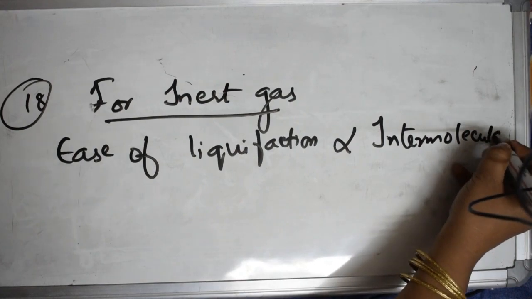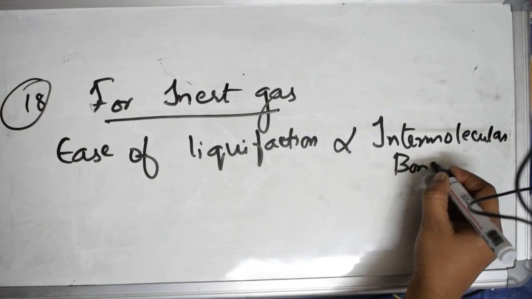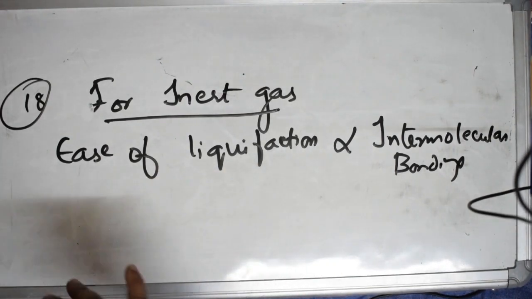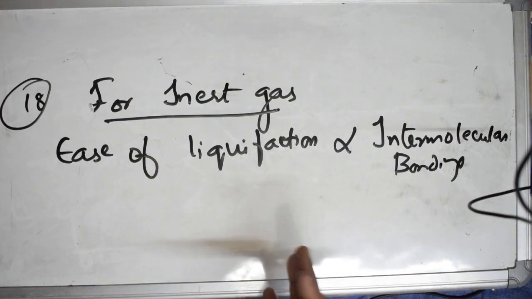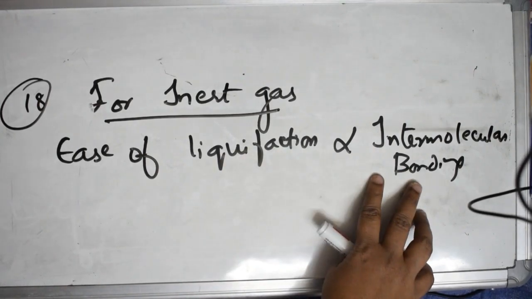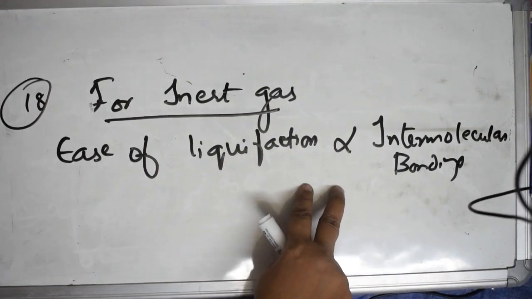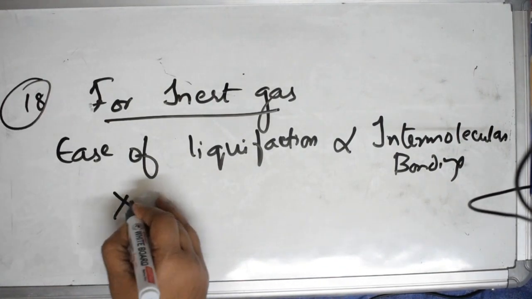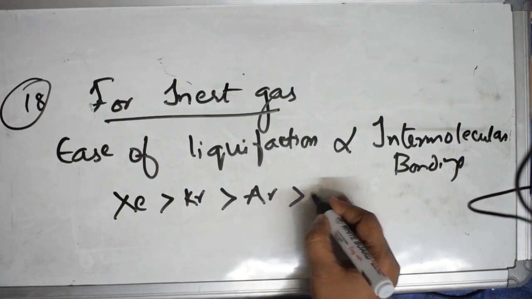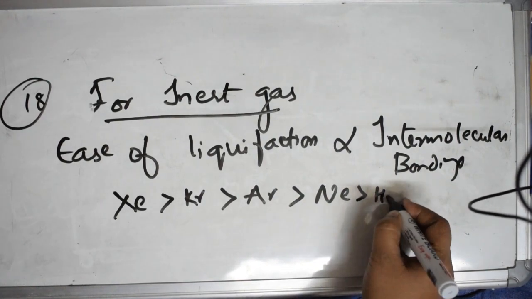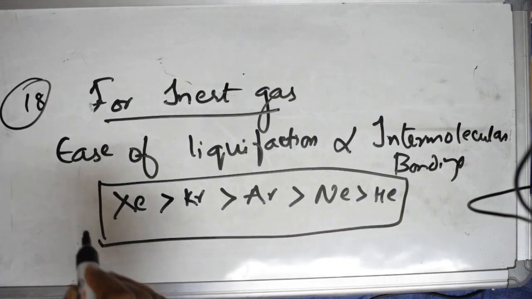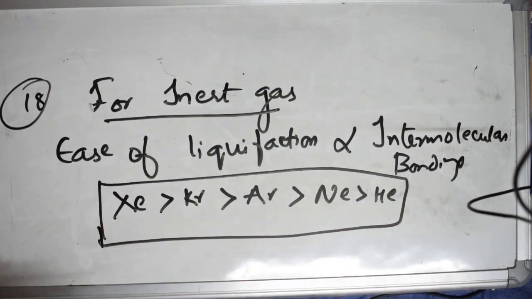We very well know in the case of inert gases, whichever has more intermolecular bonding can be easily liquefied, both are directly related, right? So xenon is greater than krypton, greater than argon, greater than neon, greater than helium. So this is the order, students. Here the intermolecular bonding is more, so you can easily do the liquefaction part.